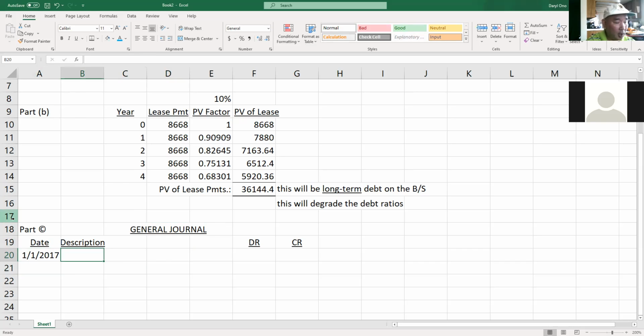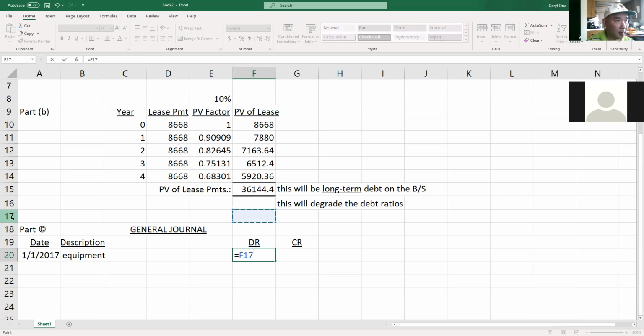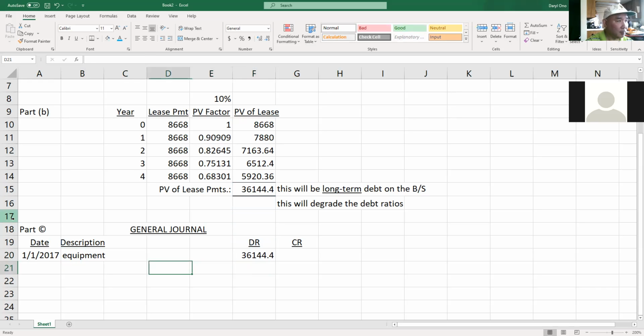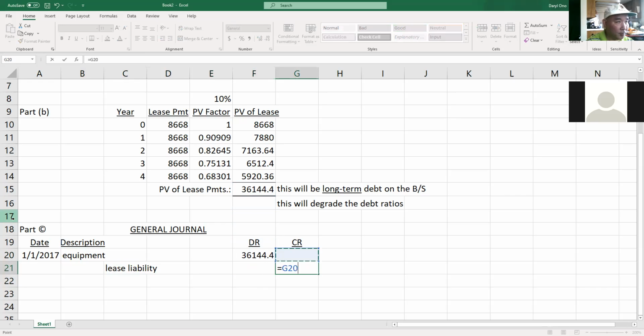We want to debit equipment for 36,144. And we want to credit lease liability for 36,144.